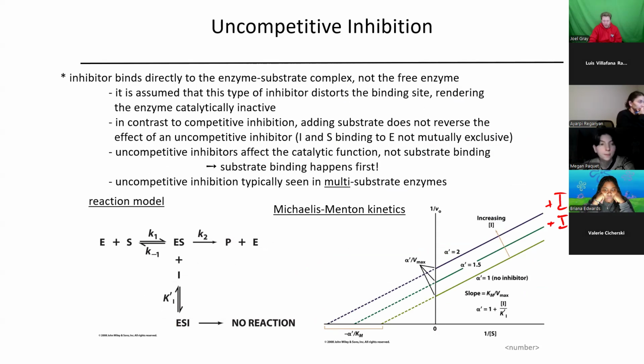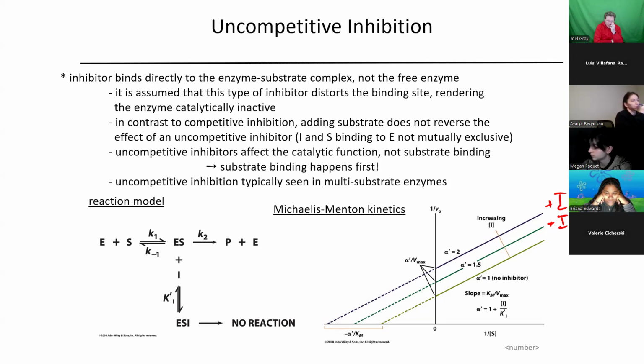So let me ask you a couple of questions. Does the Km change with an uncompetitive inhibitor? Yep, it sure does. Now, does the Vmax change? It does. Both your X and Y intercepts change.